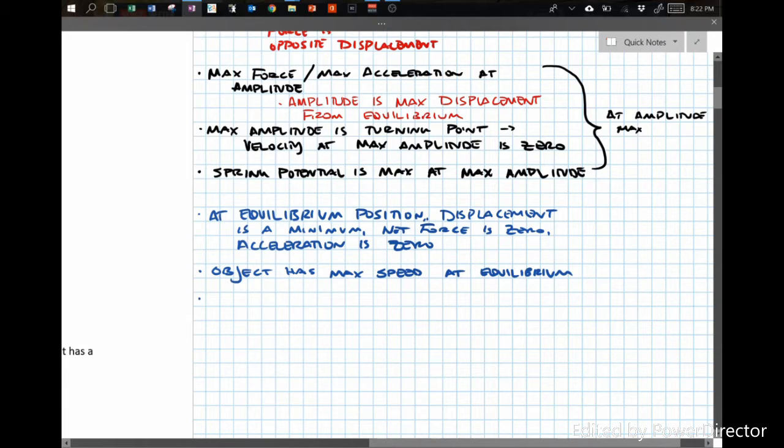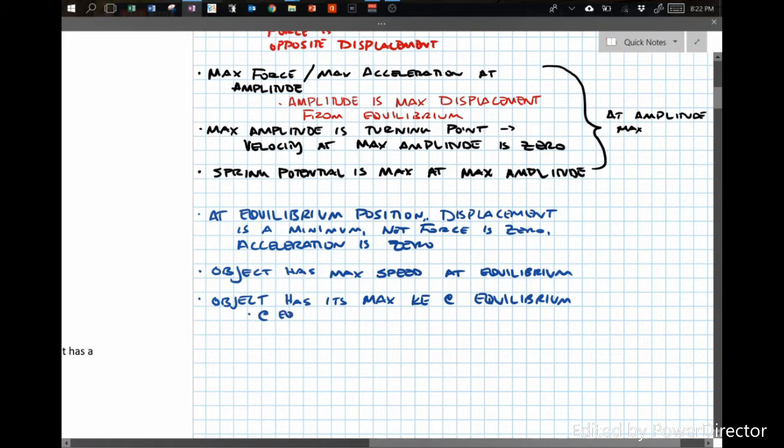And because it has its maximum speed, and potential is minimum, the object is going to have its maximum kinetic energy at equilibrium.